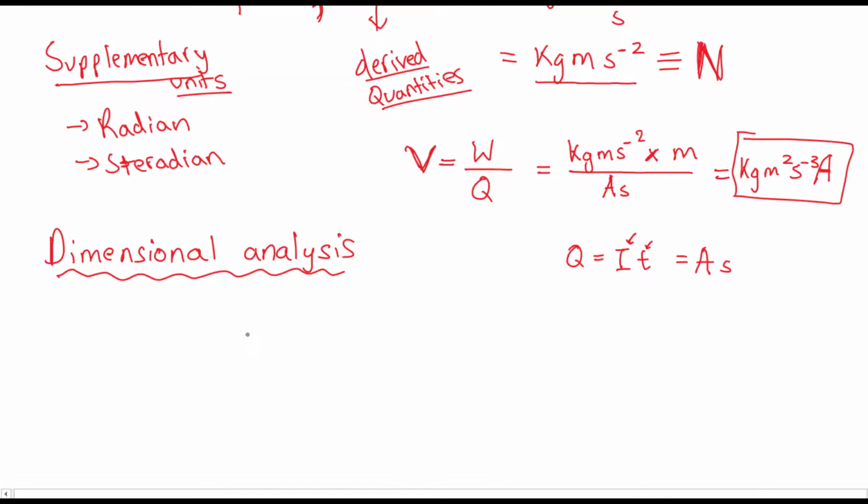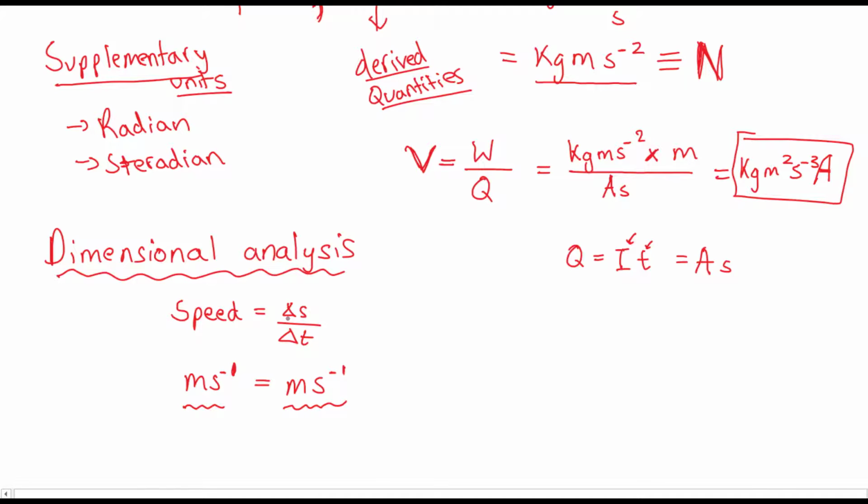For example, let's say you have just found out that the formula for speed, according to you, is distance upon time. So you can plug in the units of speed on the left hand side, meter per second, and of the two quantities on the right hand side, meters and seconds, and you can see that since they both are equal, it's likely that your equation is correct.